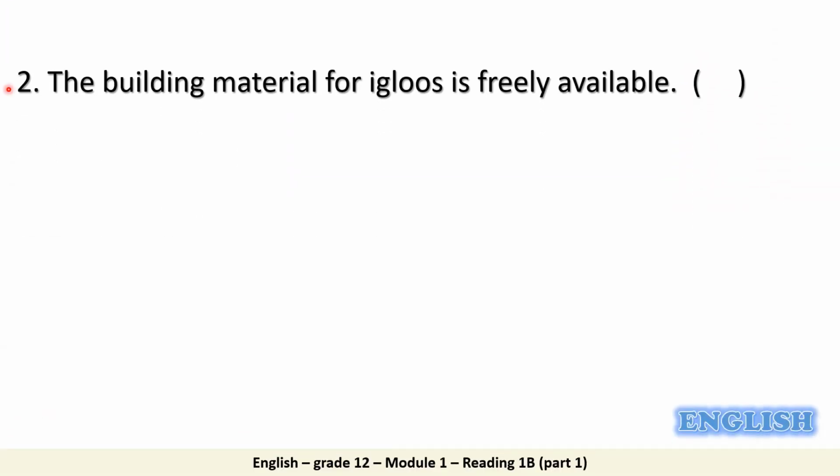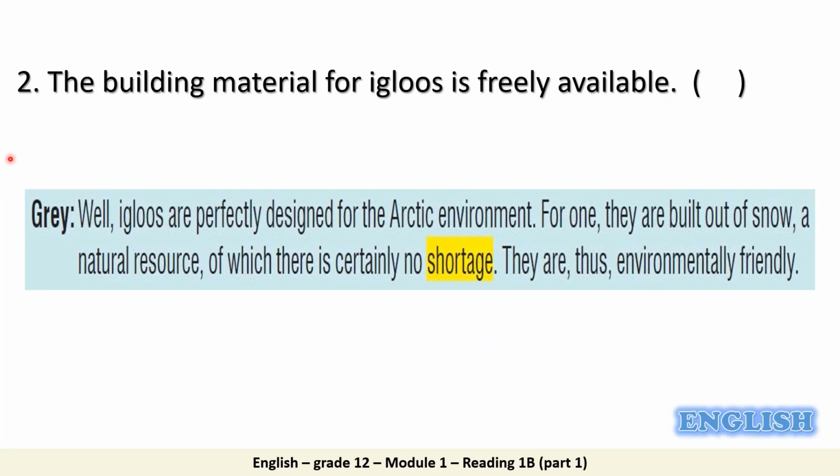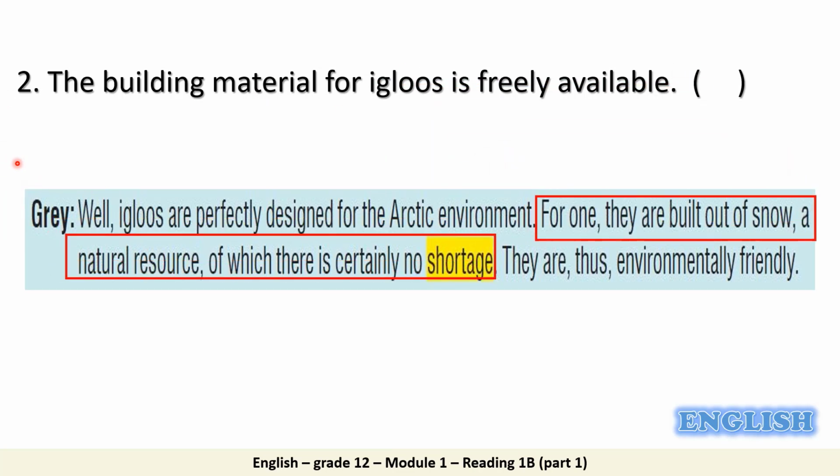Moving on to question 2. The building material for igloos is freely available. What do you think? Okay, let's consider this part from the text. And we have, they are built out of snow. The building material, and now we understand that it is snow.